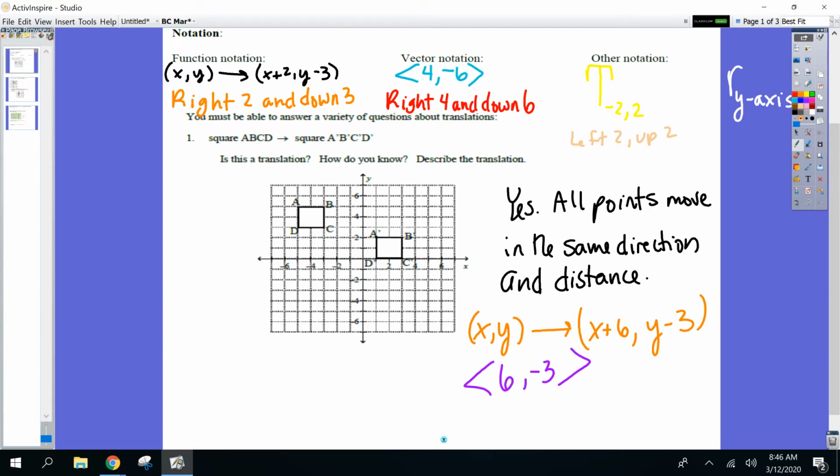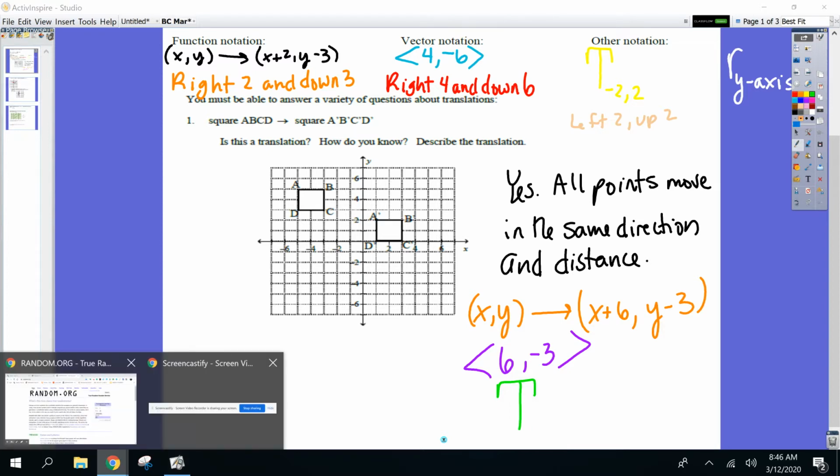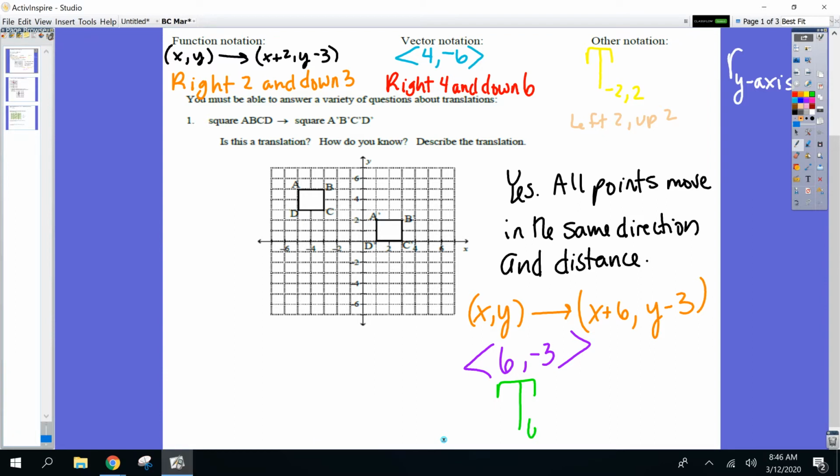And finally, the other notation with our capital T. Looks like my kindergarten daughter did that. What's my subscript? There you go. Okay. So it's only a translation if I move the same distance and direction on all points.